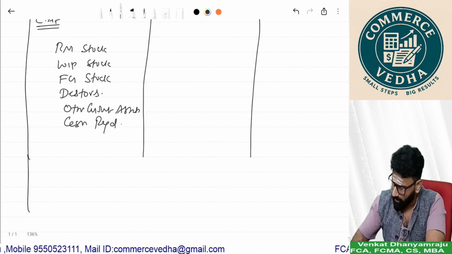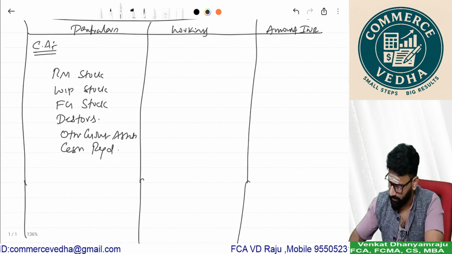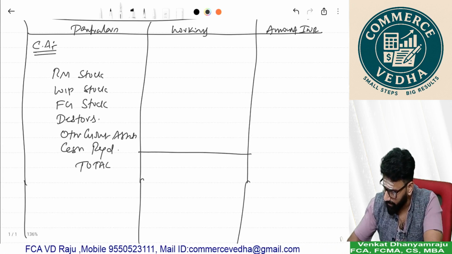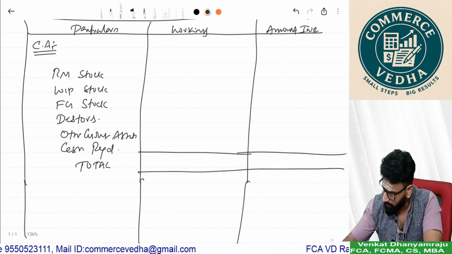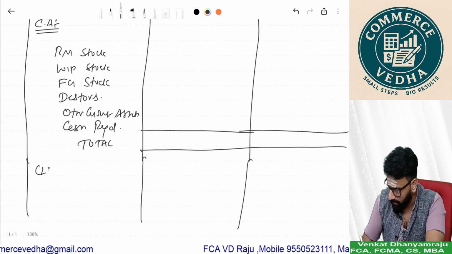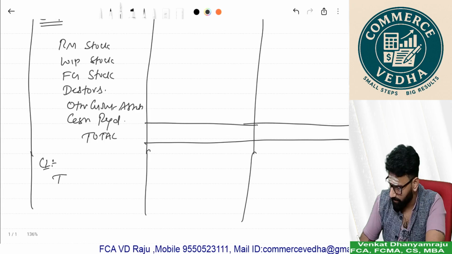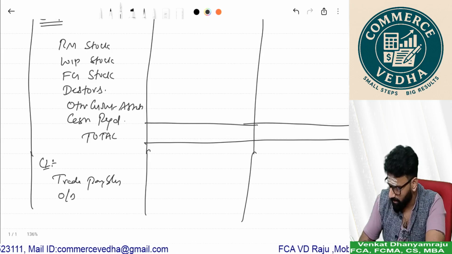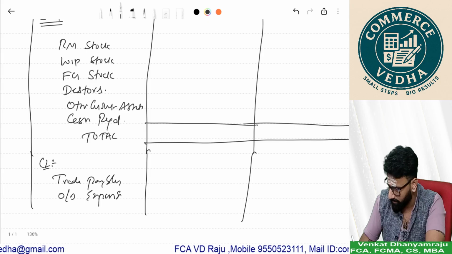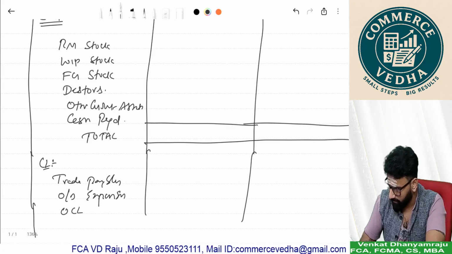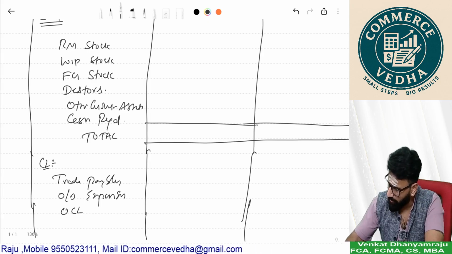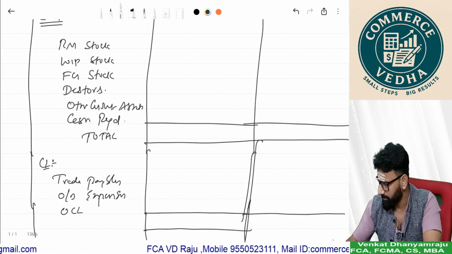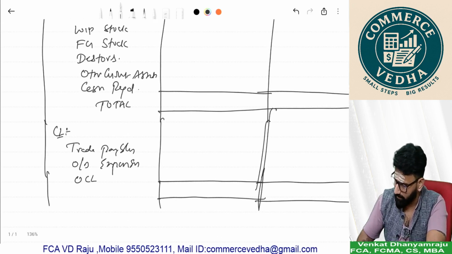Right. So other current assets can be more and more. We can call it the total of your current assets. Right. And then current liabilities: trade payables, outstanding expenses, other current liabilities. Based on the question, you can extend the numbers, and this is the total.